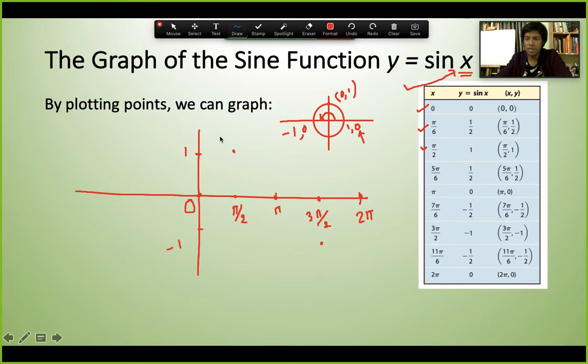Okay, these are the main values of sine, like 0, 90, 180, 270. But in between 0 and 90 we can also find some values. This is pi by 6, which means sine 30 degree. Since the total is 90, if we separate 30 and 60, it will be somewhere here, at about the half.